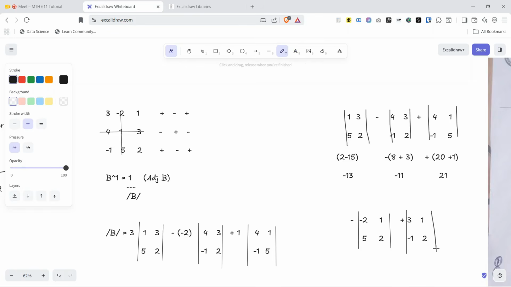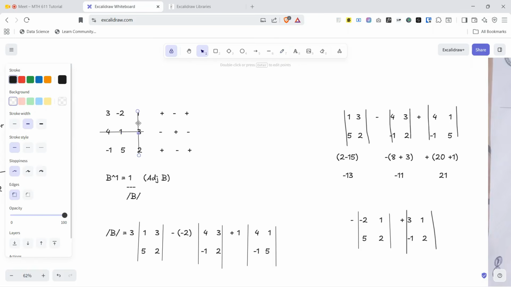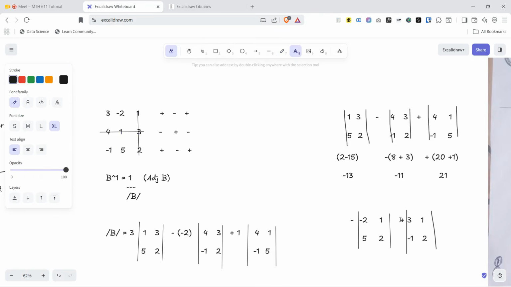So that's the second one. Then for the third one, we will have minus 3, minus 2, minus 1, 5. So we would have this.